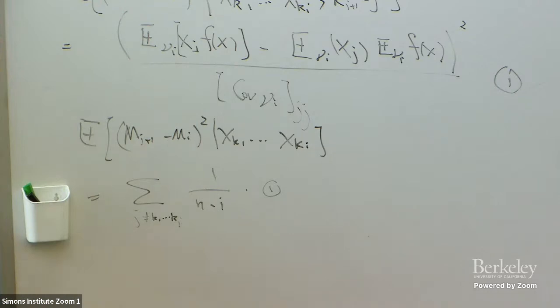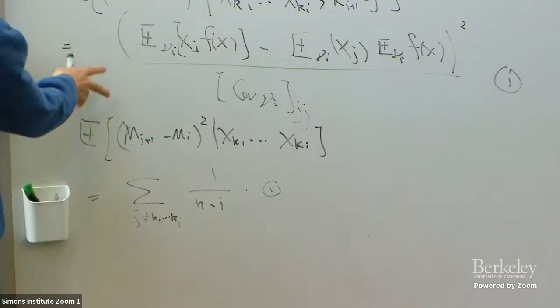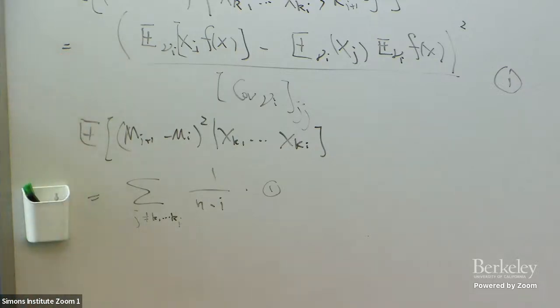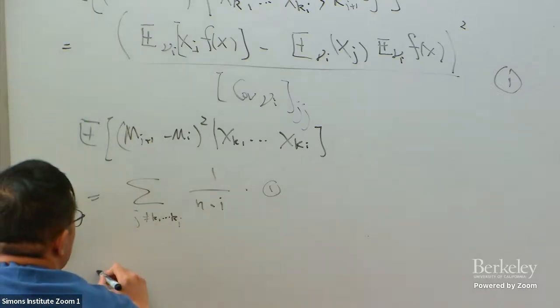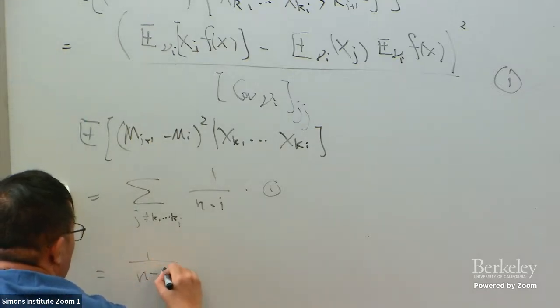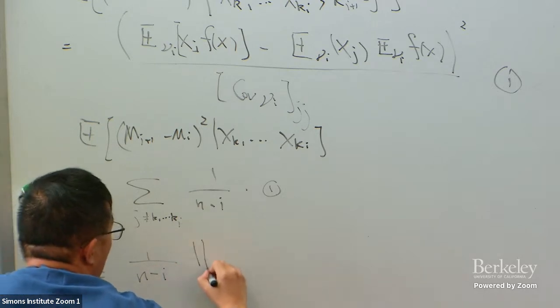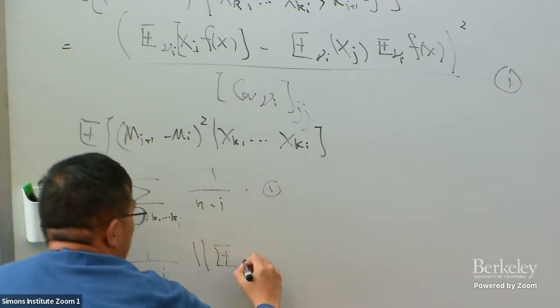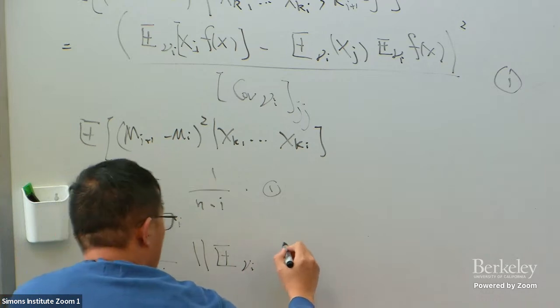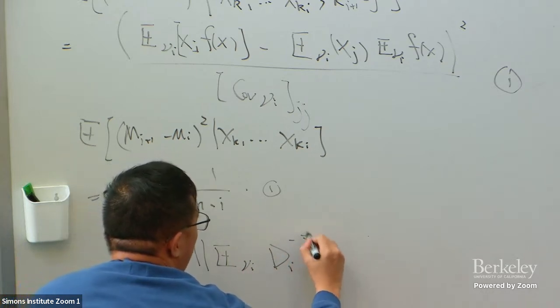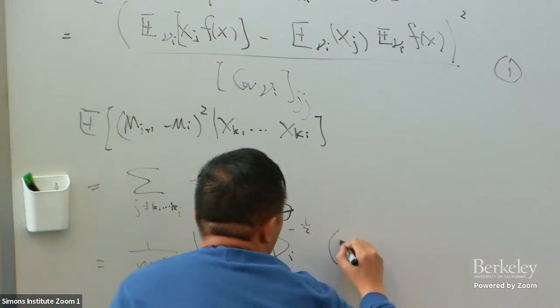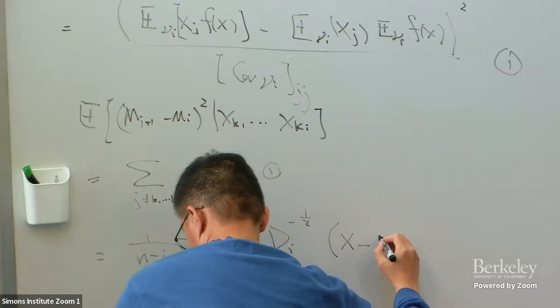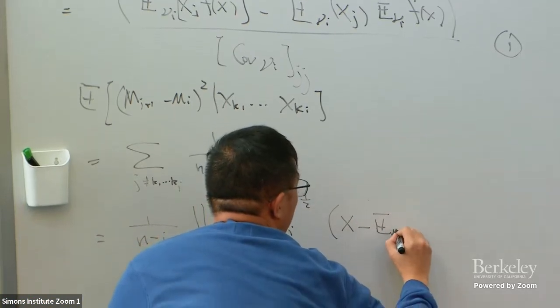When you sum them together, it's natural to put this in matrix or vector form, and you get something like 1 minus eta over n minus i times the expectation of mu i applied to x, times the expectation of mu i x.